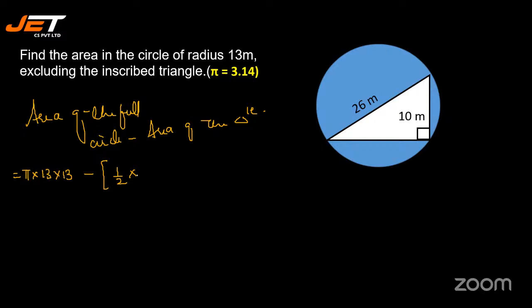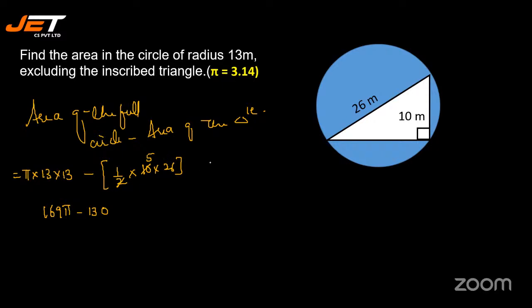Right? So what is half into base into height? 10 into 26. Yes, yes. So hypotenuse is 26, right?